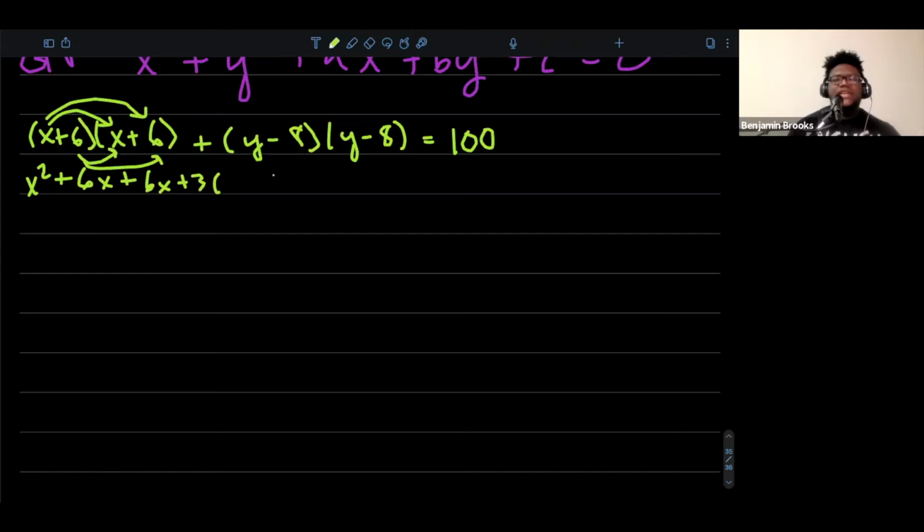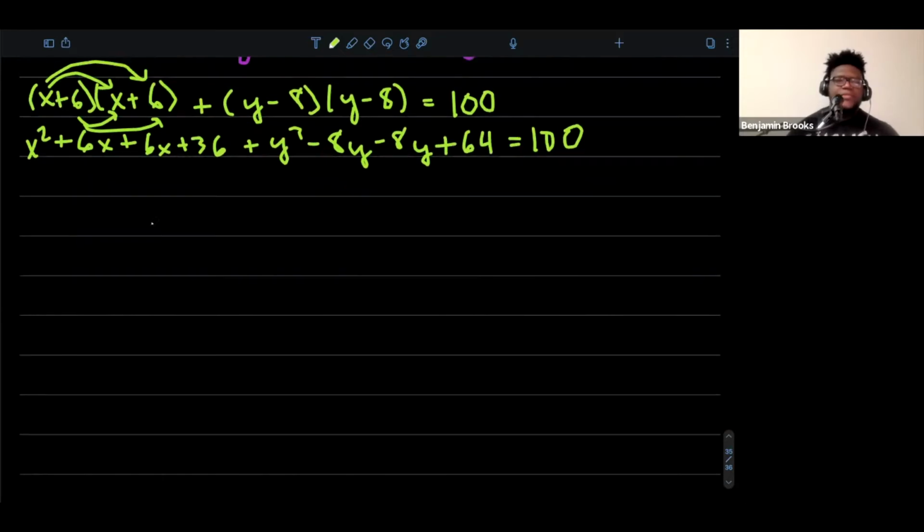We're going to do the exact same thing with the y's. With the y's, we'll have y squared, then -8y, then -8y again, plus 64 is equal to 100. So once again, just multiplying out or FOILing out both squares there.